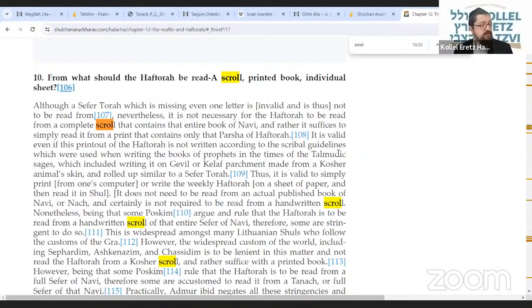Right, thanks to Mr. Gutenberg, we have the printing press. And a fascinating Ritva, I think, says that since the printing press is done by hand, it takes the place of a Sefer Torah. And therefore, since once again it is feasible to have an entire Sefer Torah, you would have to read it only from a valid Torah scroll.